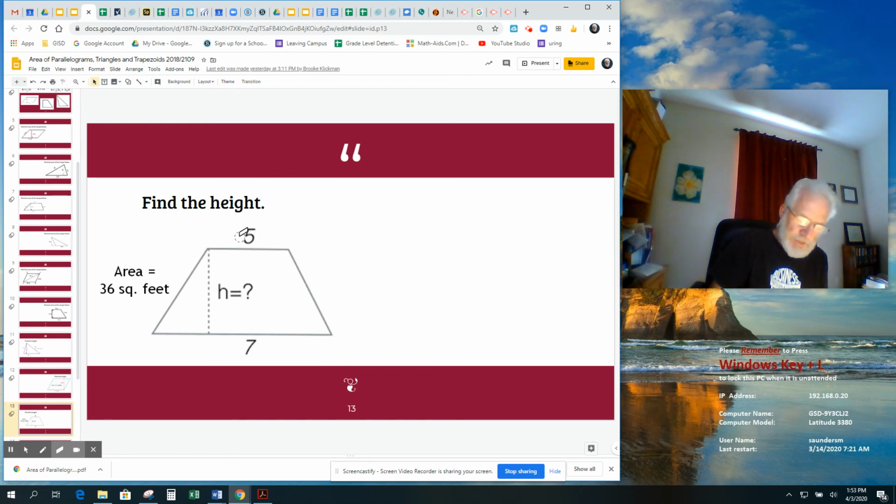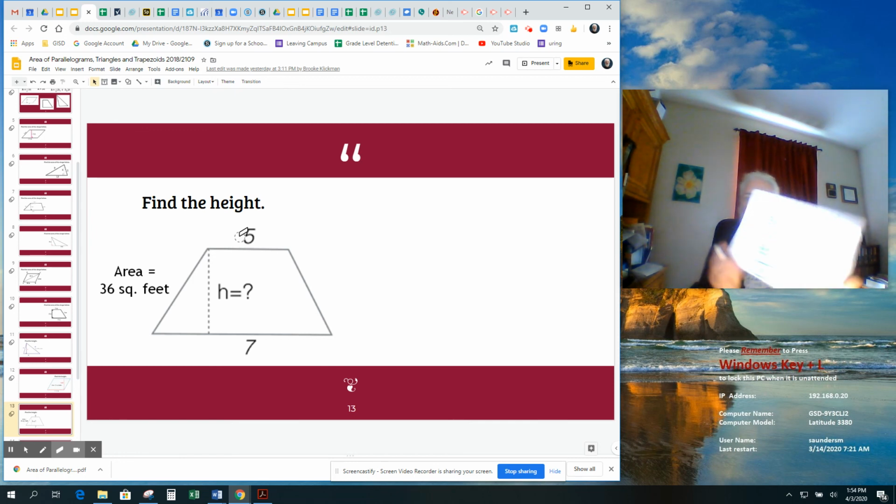So 36 equals 1/2 times 12H. What's 1/2 times 12? 12 divided by 2 is 6. So 36 equals 6H. Then I'm going to cut it in half, divide by 6 on both sides, and H equals 6. And my units are, area is square feet, so H must be in feet.